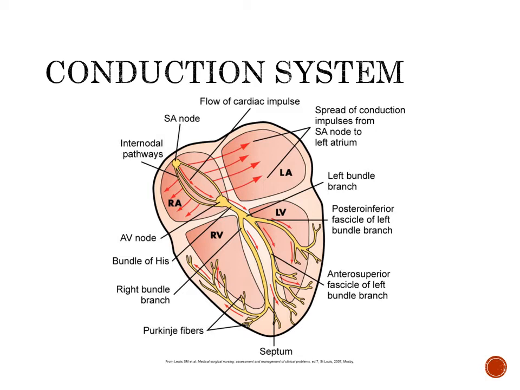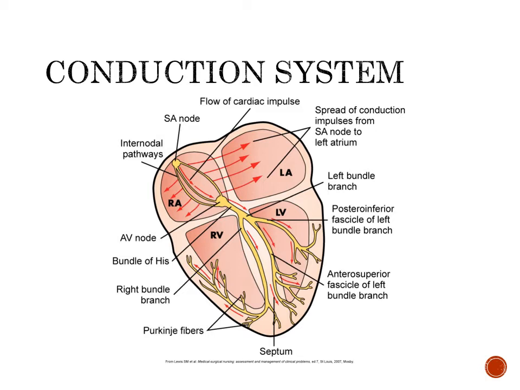Here is just a diagram showing you the conduction system. You can find this diagram along with explanations on page 825. So our normal heart rhythm is known as normal sinus rhythm. The very first conduction begins in the SA node, which you can see on the diagram right on top right there, and then it's going to follow a normal sequence through the conduction system.